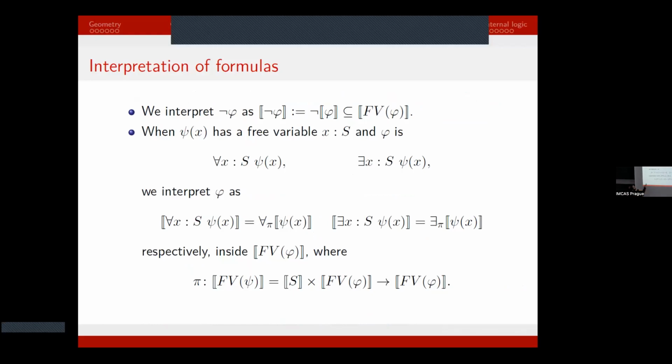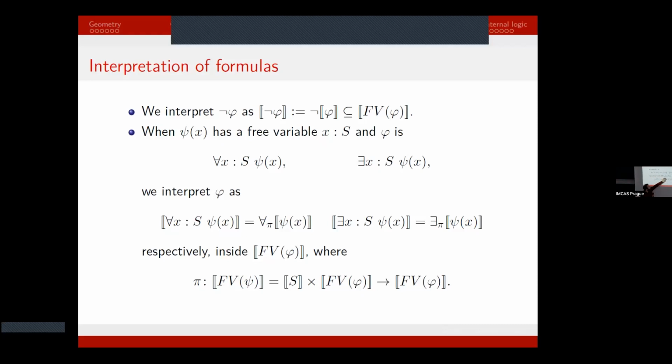And now, when we have a formula that has a free variable x, then we can define these two. Here, notice that it's exactly the situation I described before, because the free variables of psi compared to those of phi contain one extra element, because phi has x as a free variable and psi does not.